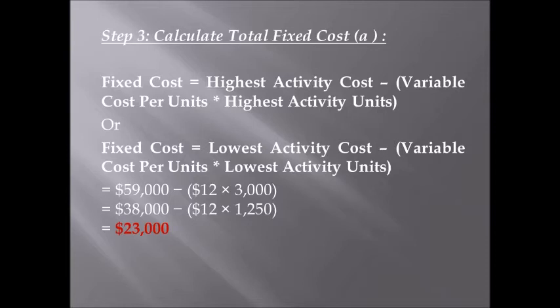So you can use the highest value or the lowest value, or you can use both. So 59,000 minus 12 multiplied by 3,000, or 38,000 minus 12 multiplied by 1,250, equals 23,000.